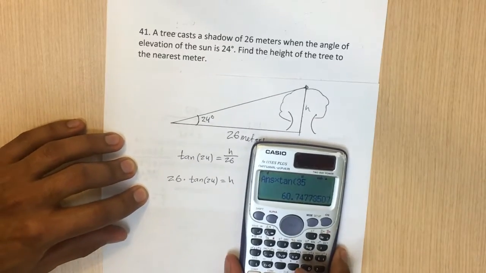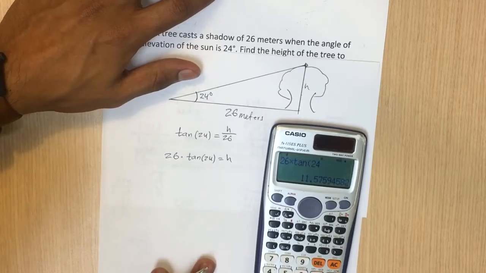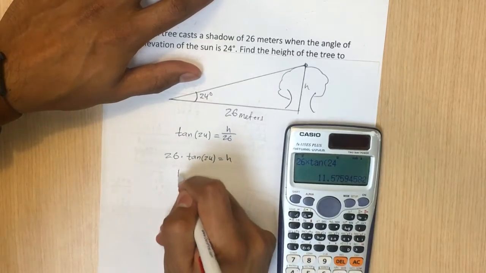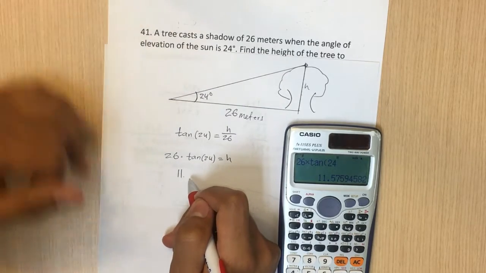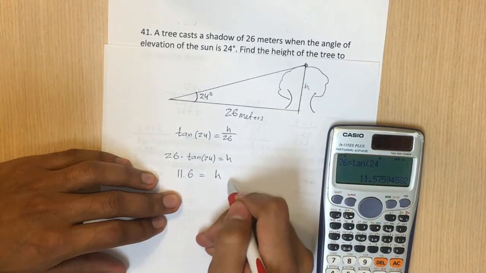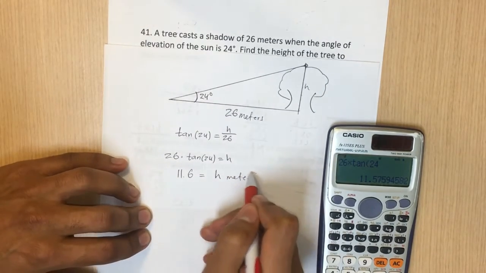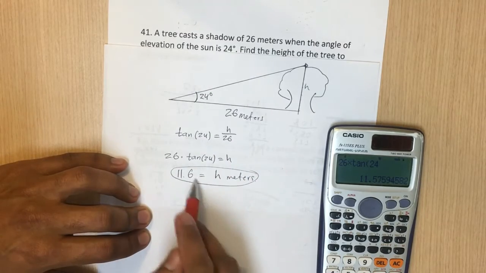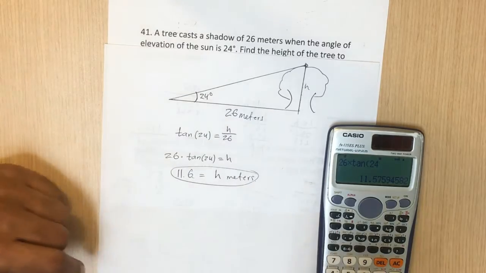So we can see then 26 times tangent of 24 gives us 11.57, or we could just say 12 feet or whatever. Okay, or it's not feet but in meters, right? So our solution will be then 11.6 meters. Our units are usually next to the number, and that will be the height. Okay.